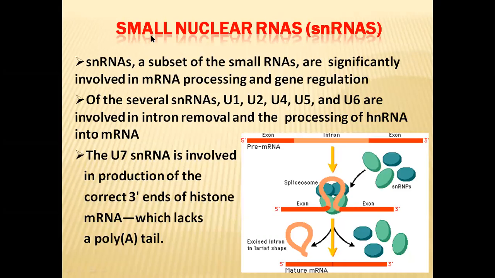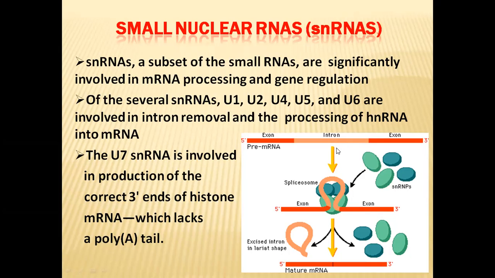Small RNAs. In the small RNAs, the first one is small nuclear RNA, snRNA. These snRNAs are very important in RNA processing. Earlier we have already discussed that pre-mRNA is also called heterogeneous RNA, in which unwanted or nonsense regions are present in the form of introns.